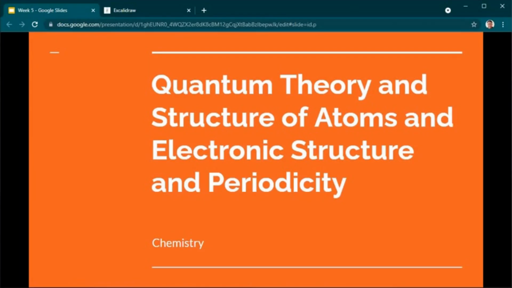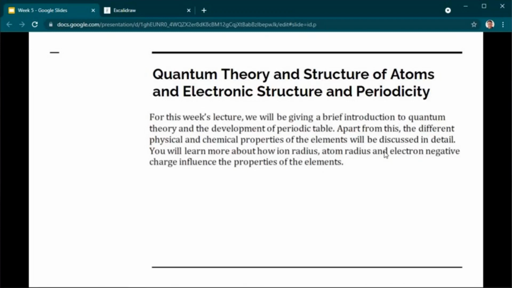For this week, our topic is quantum theory and structure of atoms and electronic structure and periodicity. Okay, so the title is quite long, but let's proceed. For this week's lecture, we will be giving a brief introduction to quantum theory and the development of the periodic table.